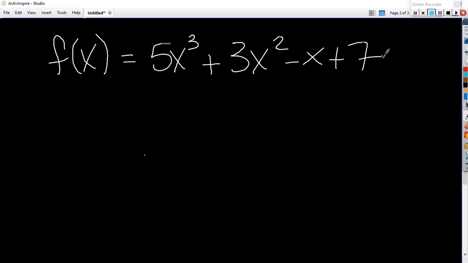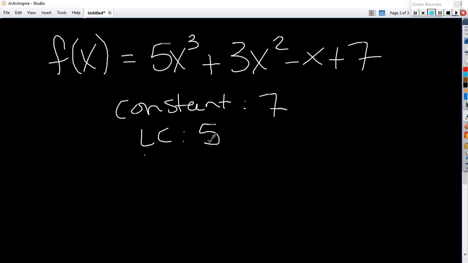What is the constant? 7. What is the leading coefficient? 5. What is the type? Cubic. Let me see how much you remember from when we graphed quadratics. What is the y-intercept?